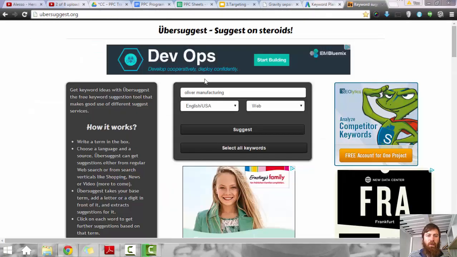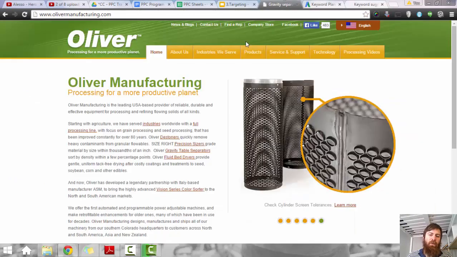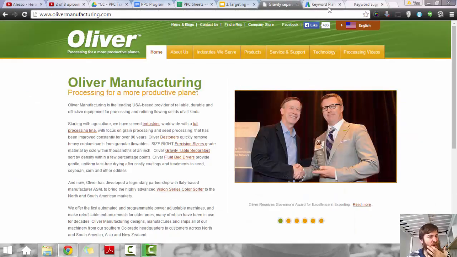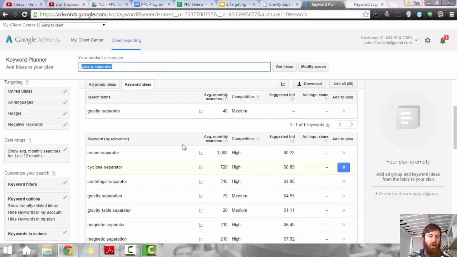And let's throw this in Uber Suggest as well. So keep in mind, there may be a ton of different types of gravity separators. Oliver Manufacturing might only sell, oh my gosh, yeah, there's not a lot here. Cream separator. No, this is.